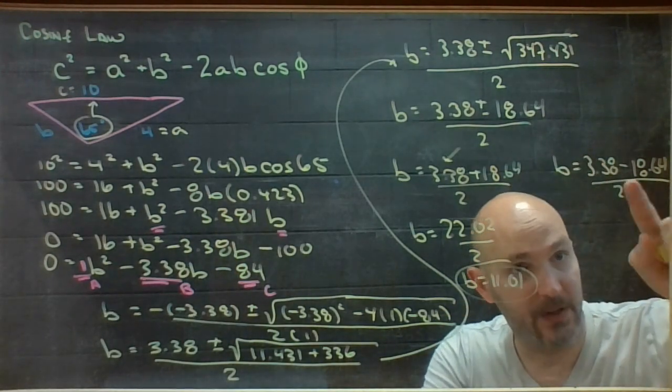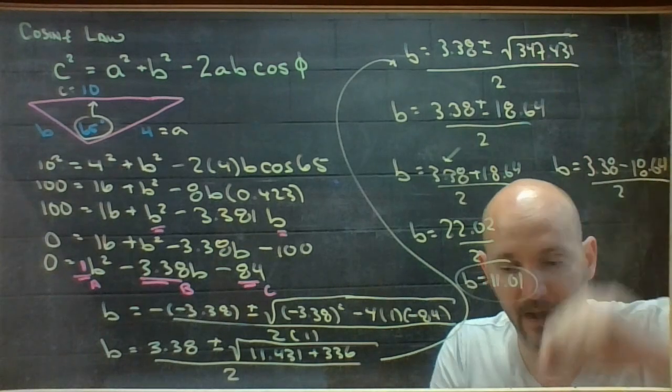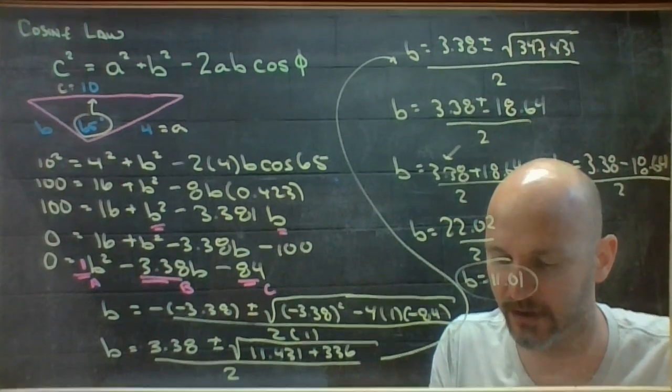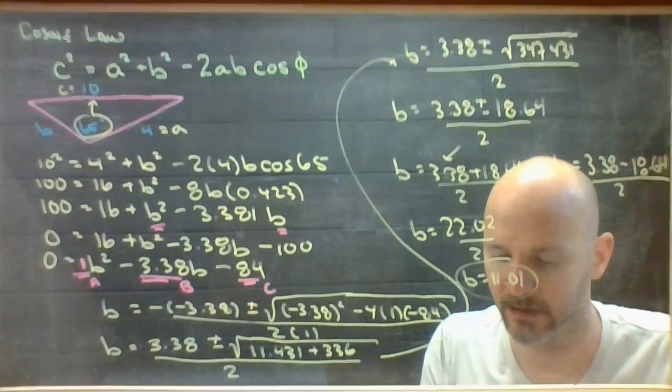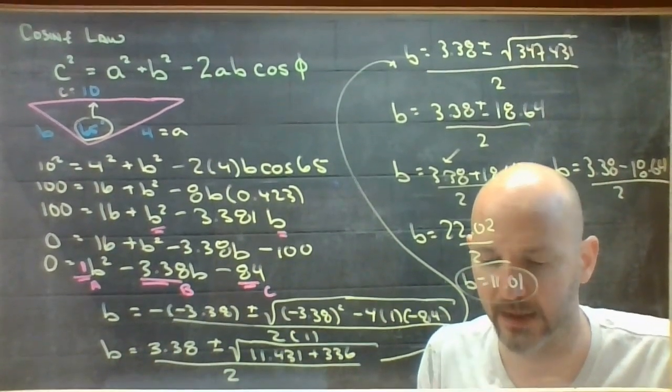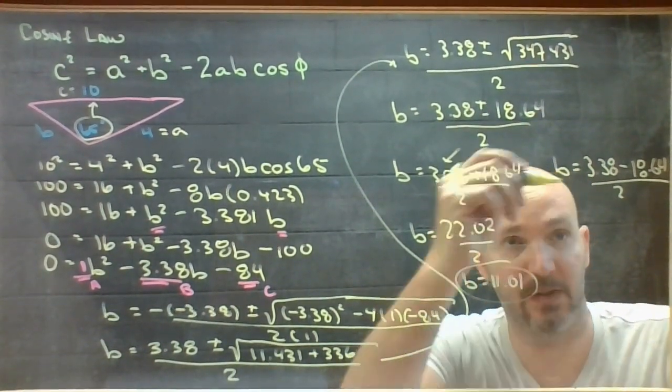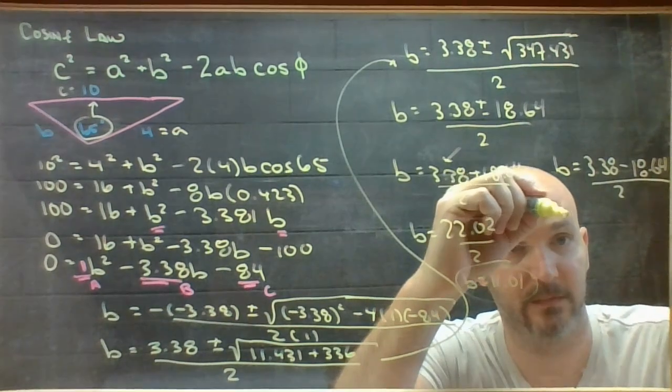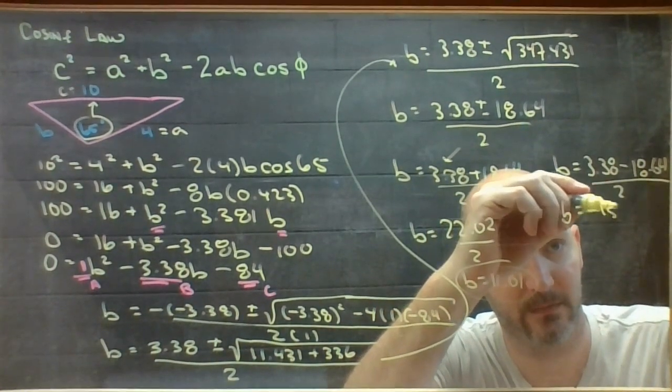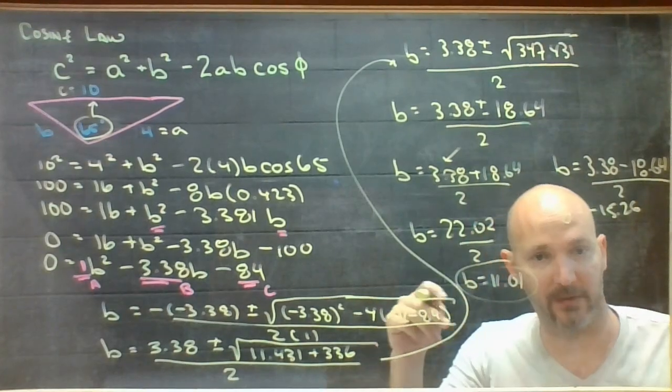Now this option here, if I do 3.38 subtract 18.64, I get negative 15.26. Let me shuffle here so it's out of my face.